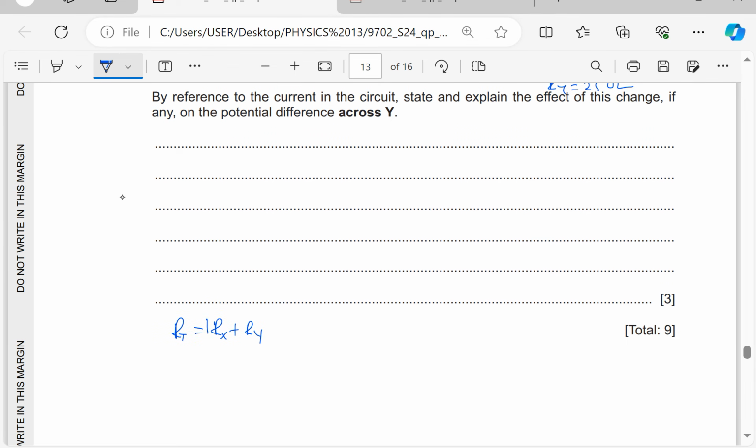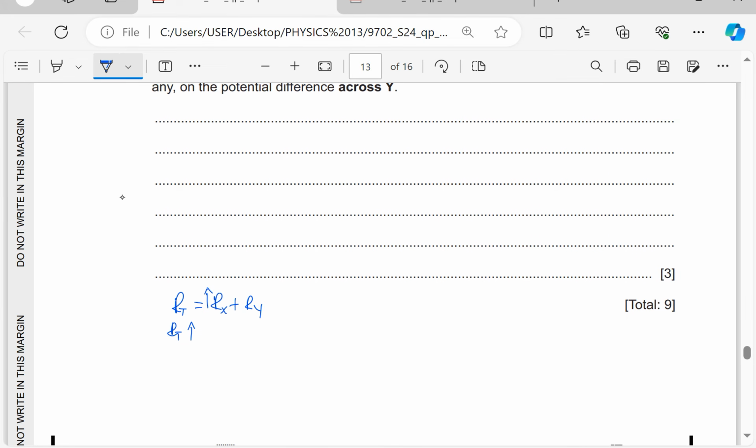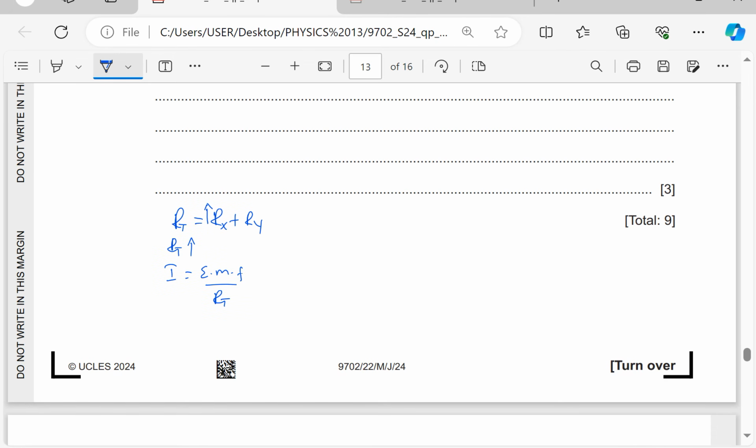So when the resistance of X increases, total resistance has increased. And remember, the current is equal to the EMF over total resistance. That is the current in the circuit. So if the total resistance has increased, total current has decreased. So the current in the battery has decreased.